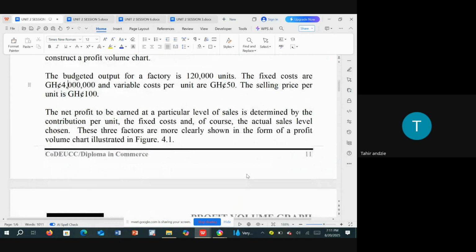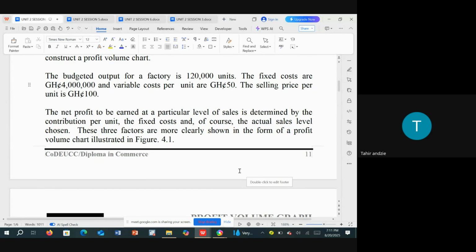The net profit to be earned at a particular level of sale is determined by the contribution per unit, the fixed costs, and of course the actual sales level.